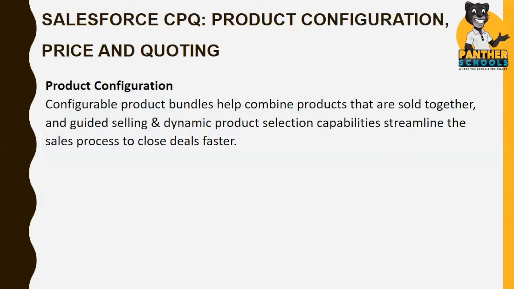I already guided you on what Salesforce CPQ is, what product configuration and price configuration are, and what the quotation is. Product configuration is also all about the product bundle, which helps combine products and sell them together.